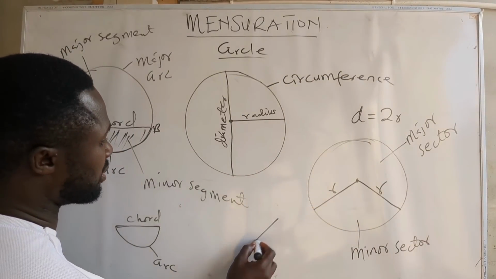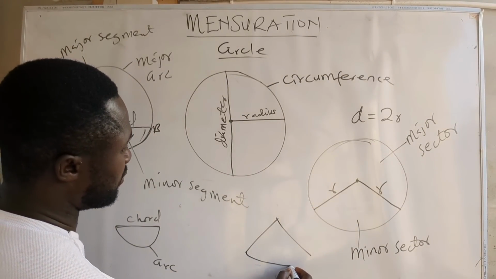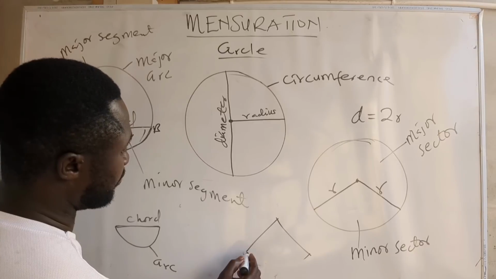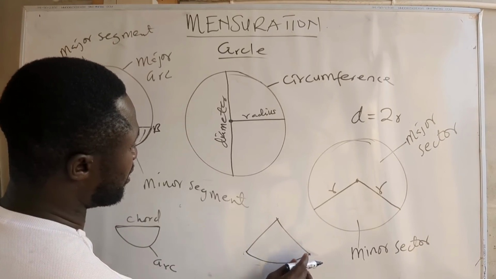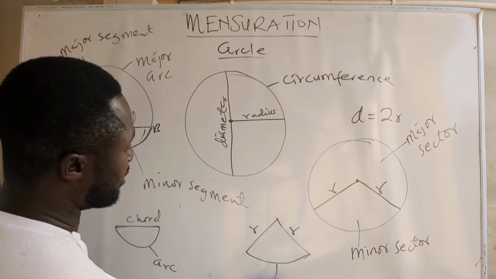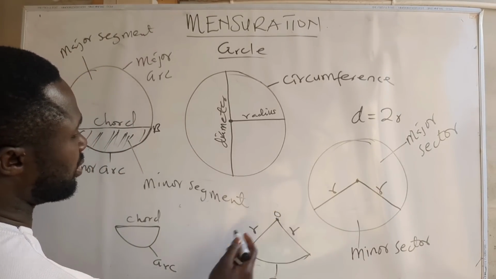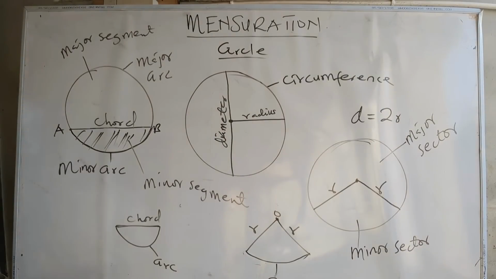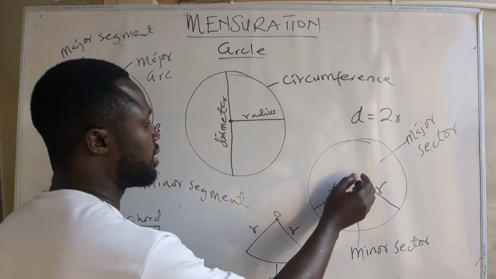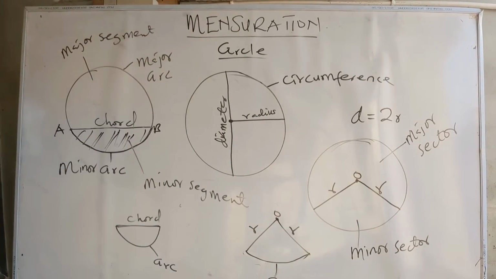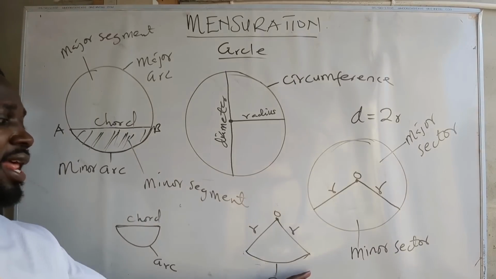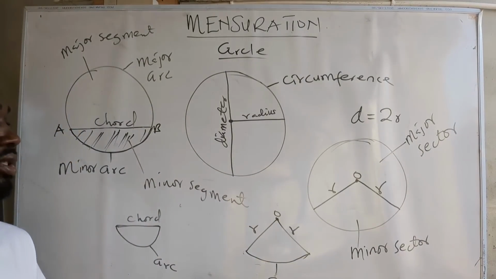A sector is like this. You see. So a sector consists of what? Two radii and an arc. And here is the center, because it's a radius. Let's say here my center is O. A sector consists of two radii and an arc. So that is about a sector.